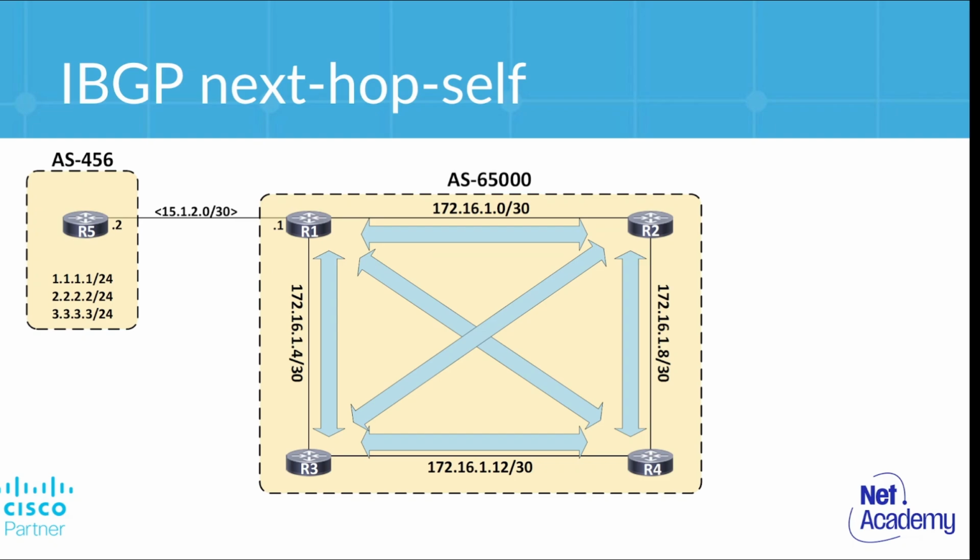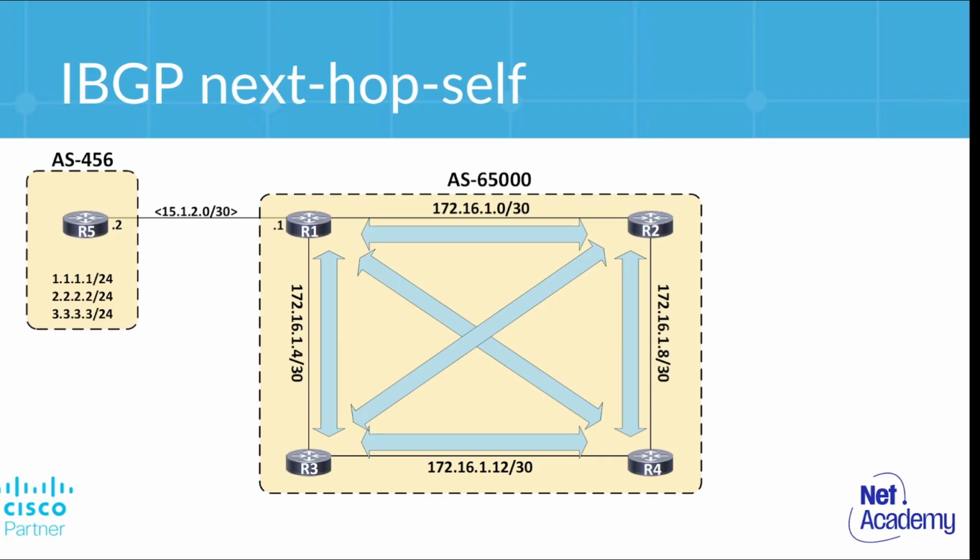It's going to say, hey, by the way, if you're trying to get to these prefixes, the 1.1.1.0 and so forth, you need to be able to get to 15.1.2.2. And the challenge there is if that's not in our IP routing table, not our BGP table, but our IP routing table, then these routers will not properly install the route.